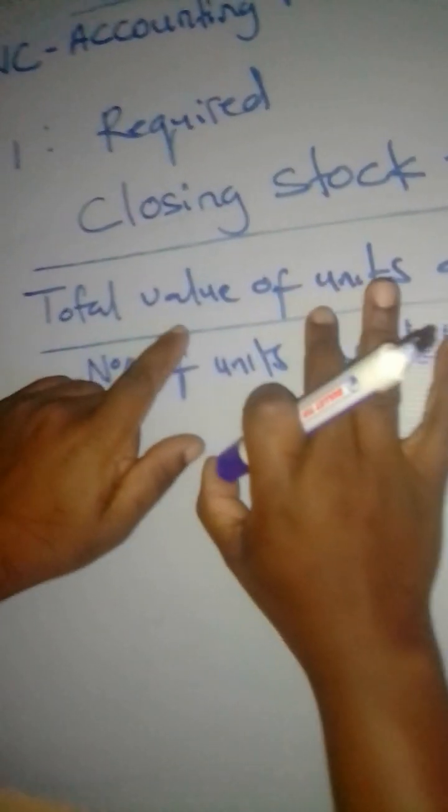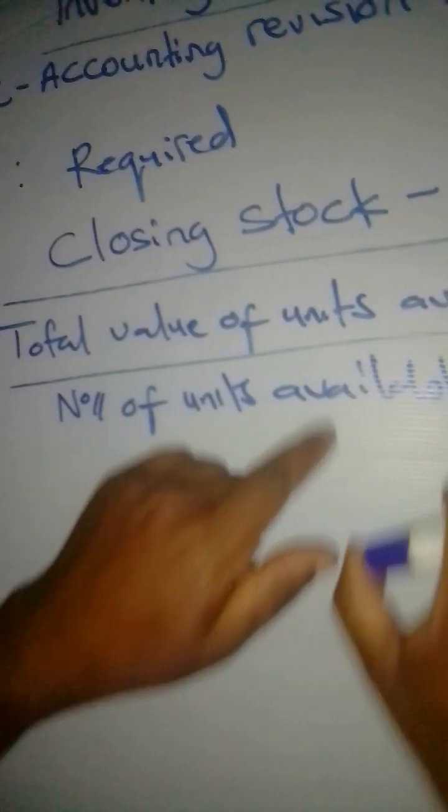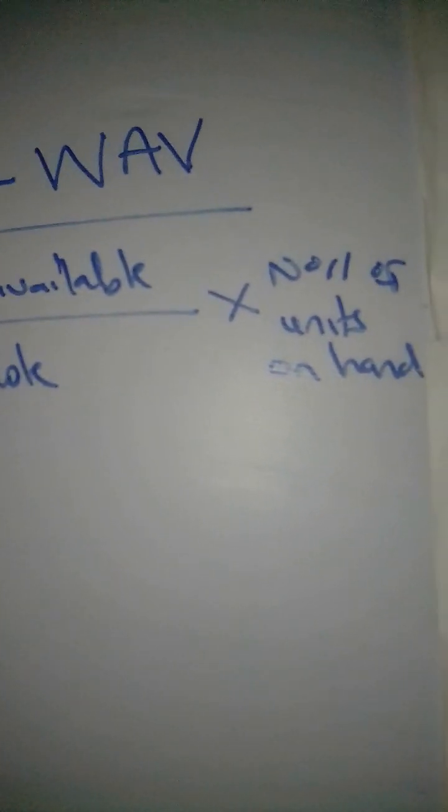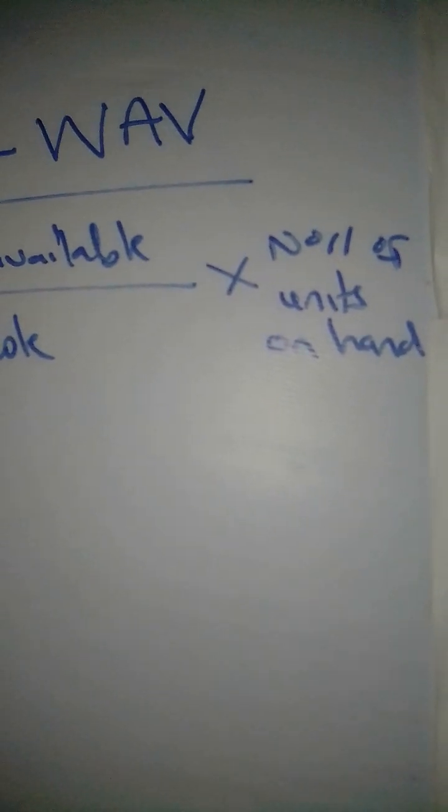The first thing that we are going to do is to calculate the total value of units available. In other words, we look at the opening stock, the purchases, and if there were any returns or carriages, we also deal with them. Remember, carriages increase the value of the stock that is available.